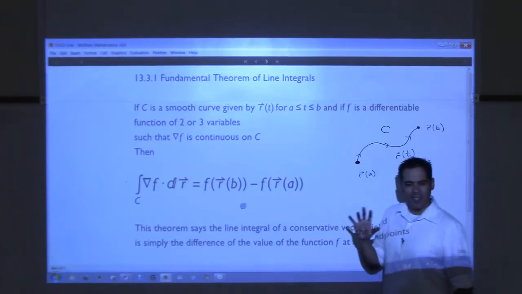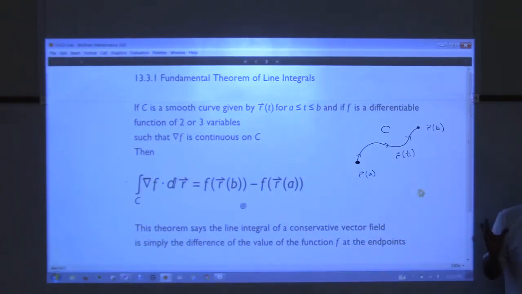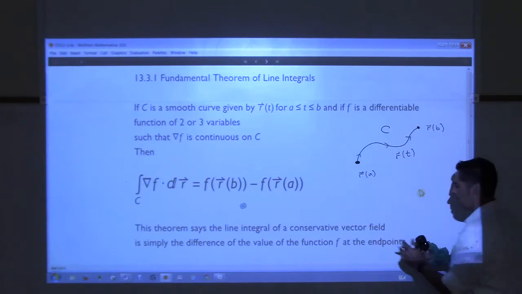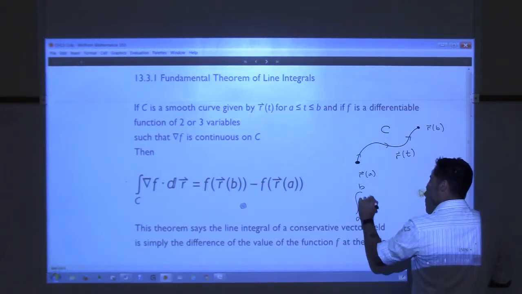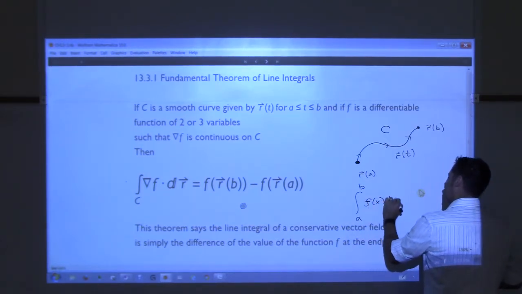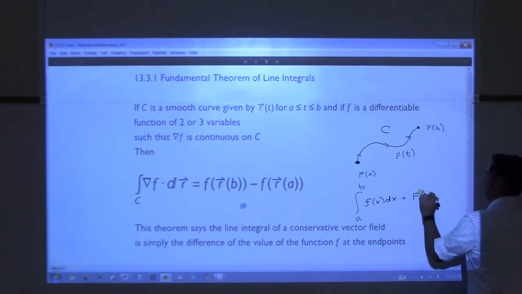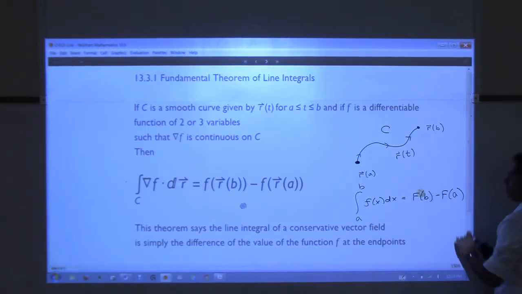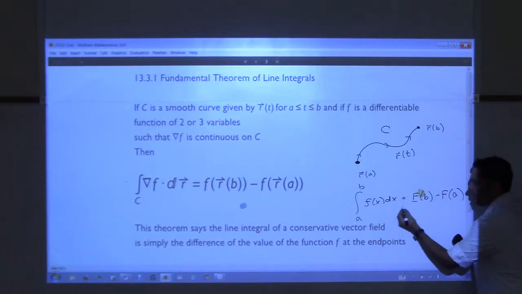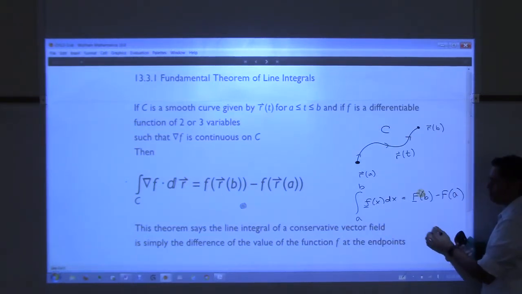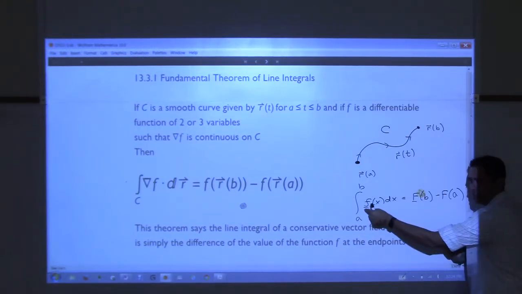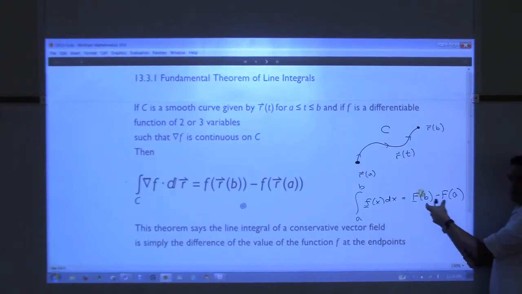Do you see a little bit of a similarity between what we just wrote up on the board? Integral a to b, little f of x dx equals capital F of b minus capital F of a. What's the relationship between capital F and little f? Capital F is the antiderivative, which means the derivative of this is that, and we're evaluating at the two endpoints.